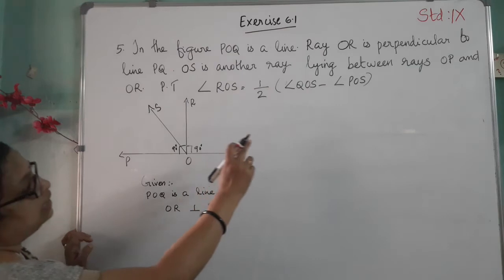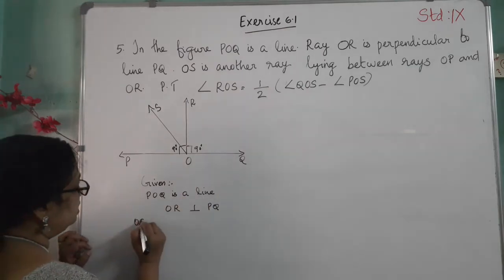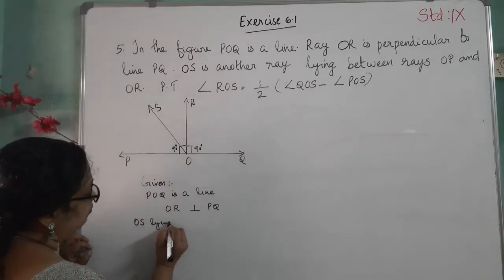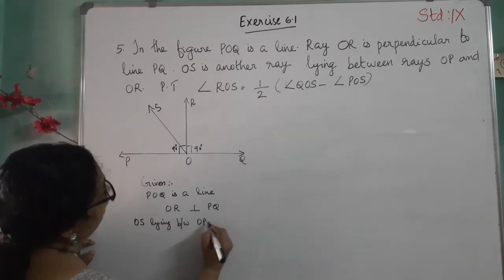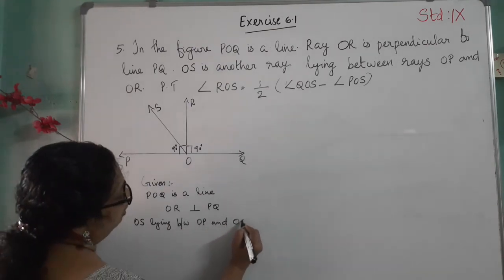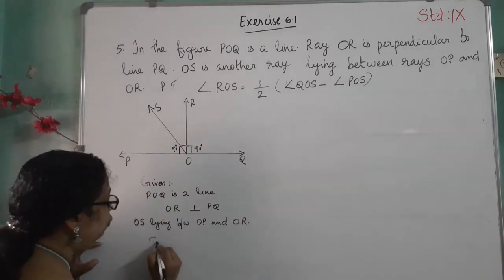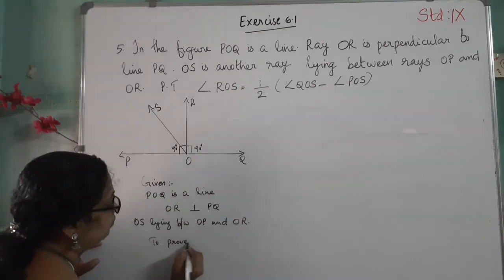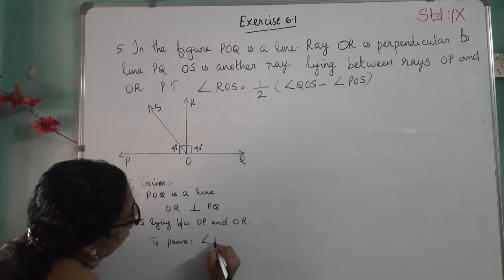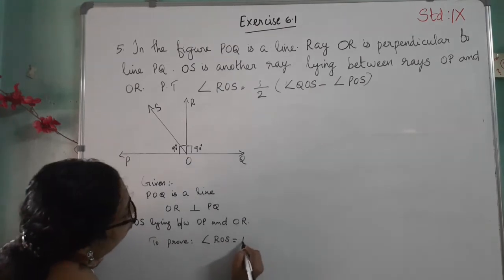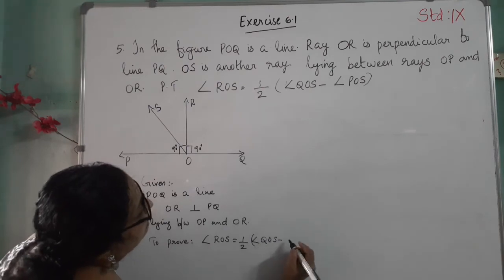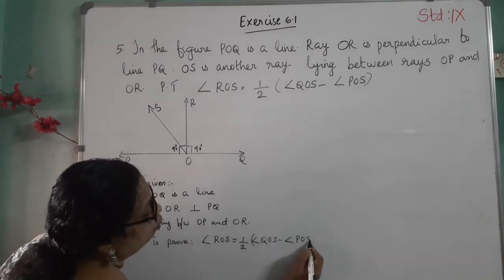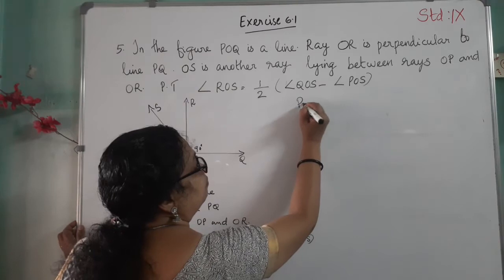Then OS is another ray lying between rays OP and OR. These are given. Then to prove angle ROS equal to half into angle QOS minus angle POS. Then proof.